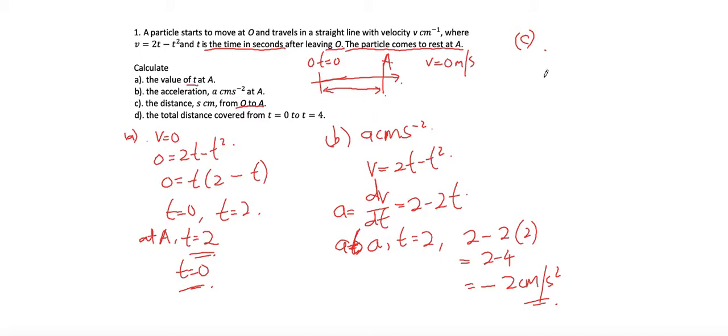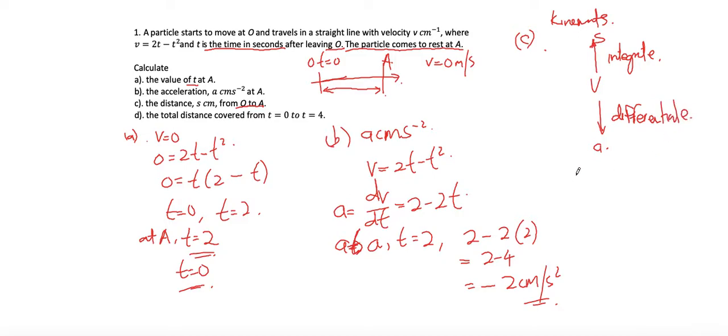So to find the distance, we have to integrate. In kinematics, to get displacement from velocity, I have to integrate, and to get acceleration from velocity, I have to differentiate.